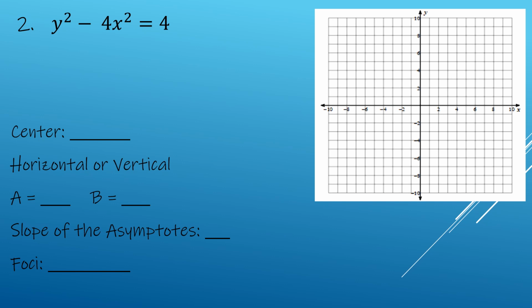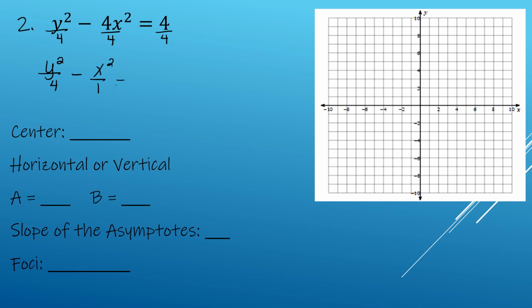Okay, in our next example, we have y squared minus 4x squared equals 4. Remember, in order to graph a hyperbola, we have to have the entire equation equal to 1, so it's almost in standard form. We're going to divide each term through by 4, so we'll have y squared over 4 minus x squared over 1.